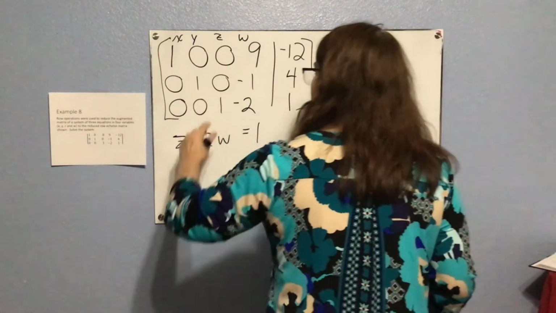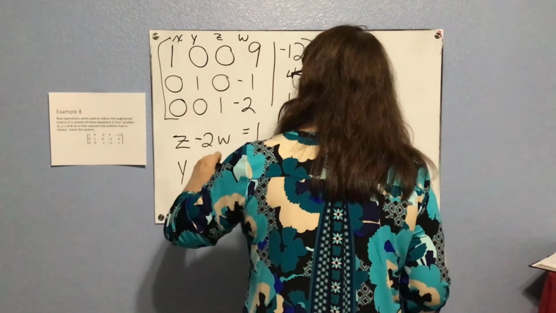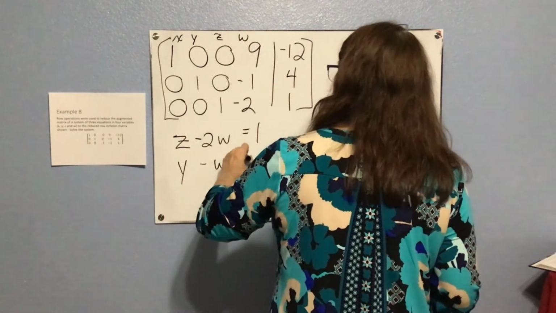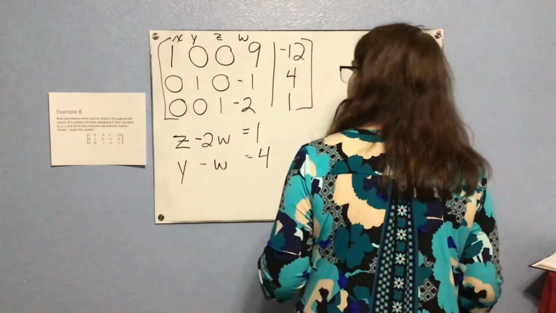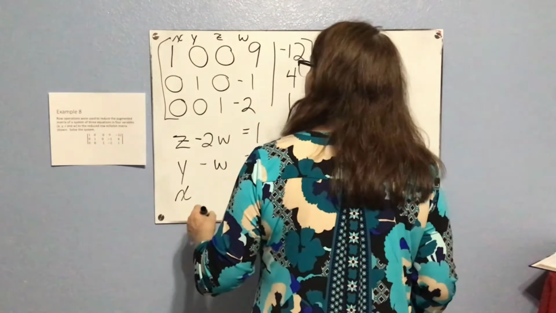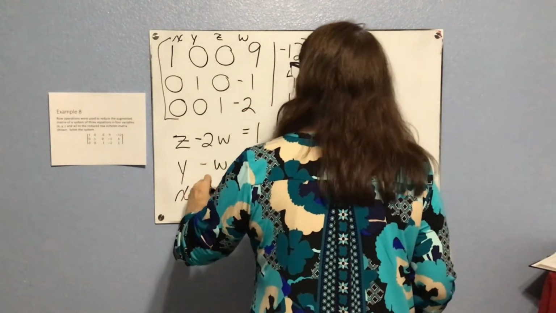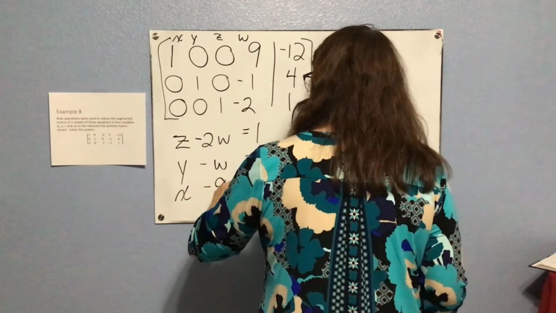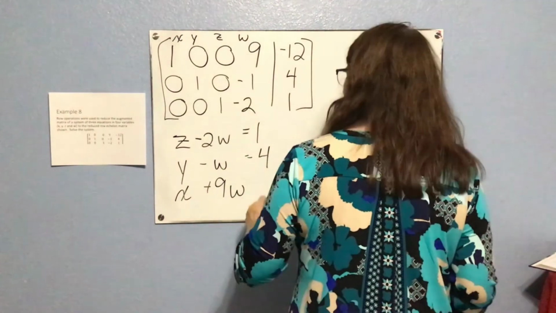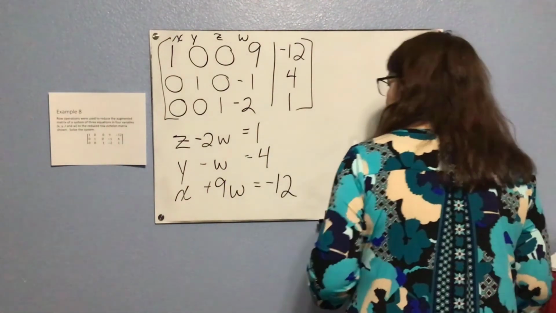And then this row would be y minus w equals 4. And then the top row would be x plus 9w equals negative 12.